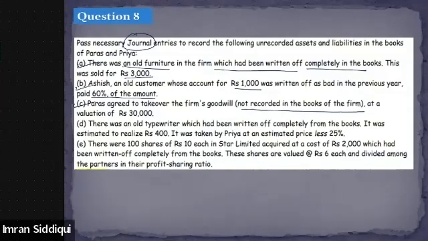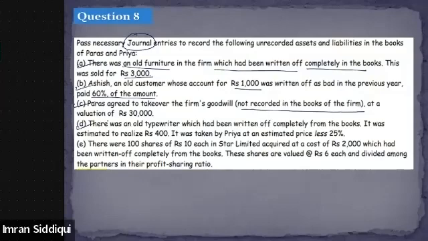And in case of the liability as well, irrespective of whether it was recorded in the book or not, it is not going to change the treatment. So journal entry remains same in every situation, whether it is a recorded asset, unrecorded asset, recorded liability or unrecorded liability. That does not affect the journal entry.